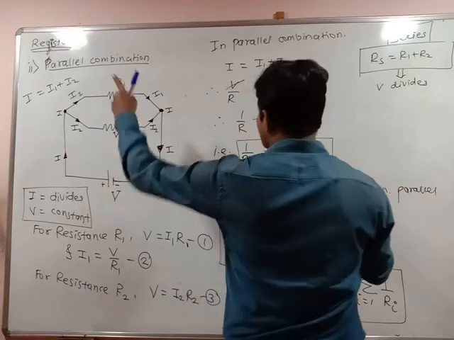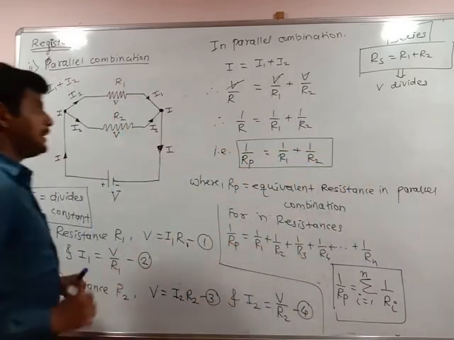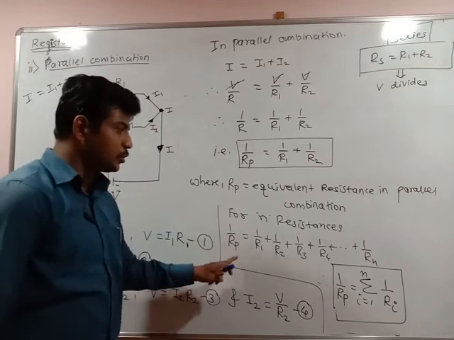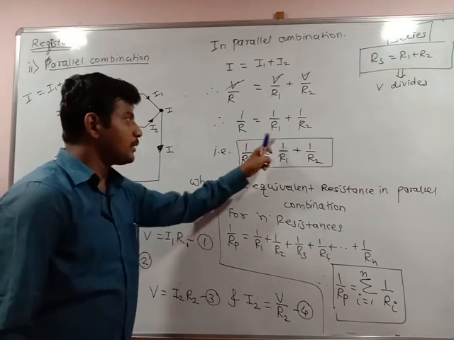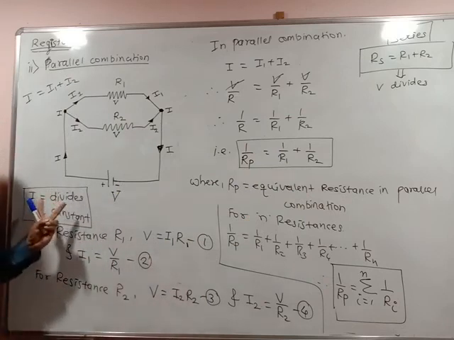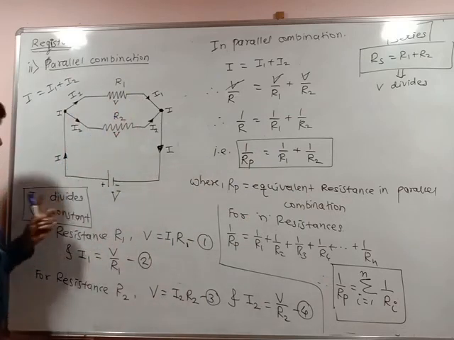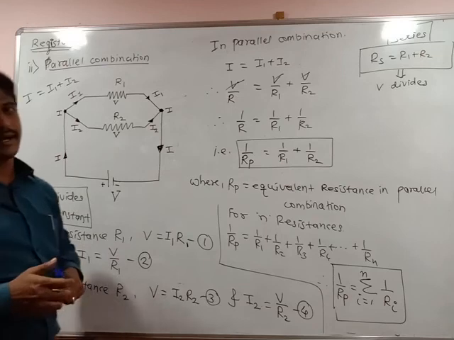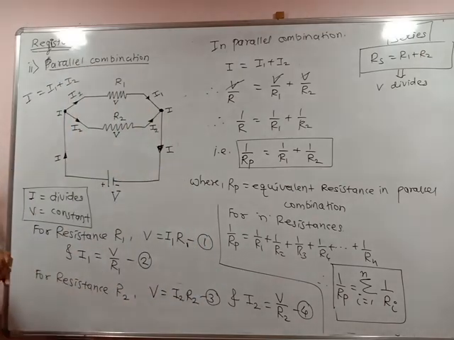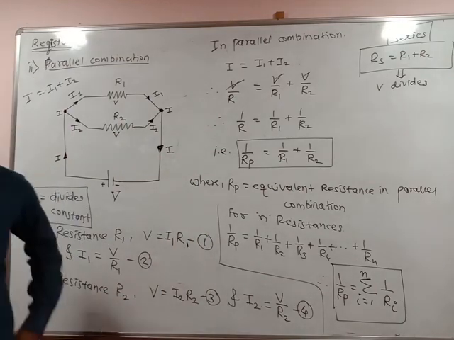And in parallel combination, the effective resistance is 1 upon Rp is equal to 1 upon R1 plus 1 upon R2, and here current divides. Voltage divides in series, current divides in a parallel combination. So we can stop here for resistances, for the series combination as well as the parallel combination.